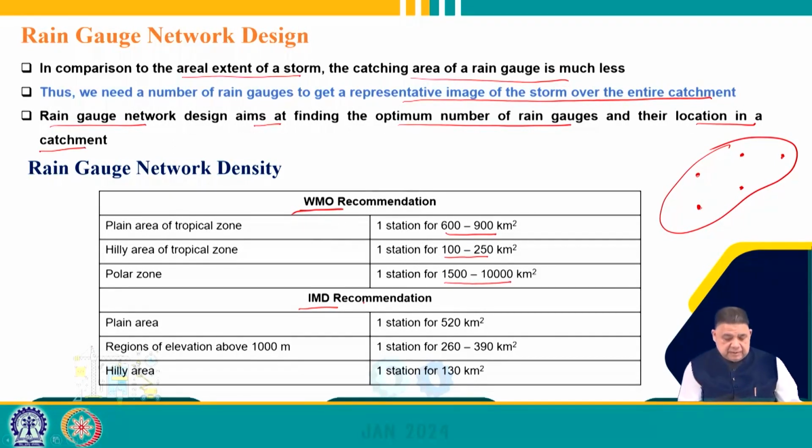IMD has modified the recommendations. In plain areas, 1 station for 520 square kilometers; in regions of elevation above 1000 meters, 1 station for 260 to 390 square kilometers; and in hilly or mountainous areas, 1 station for 130 square kilometers.